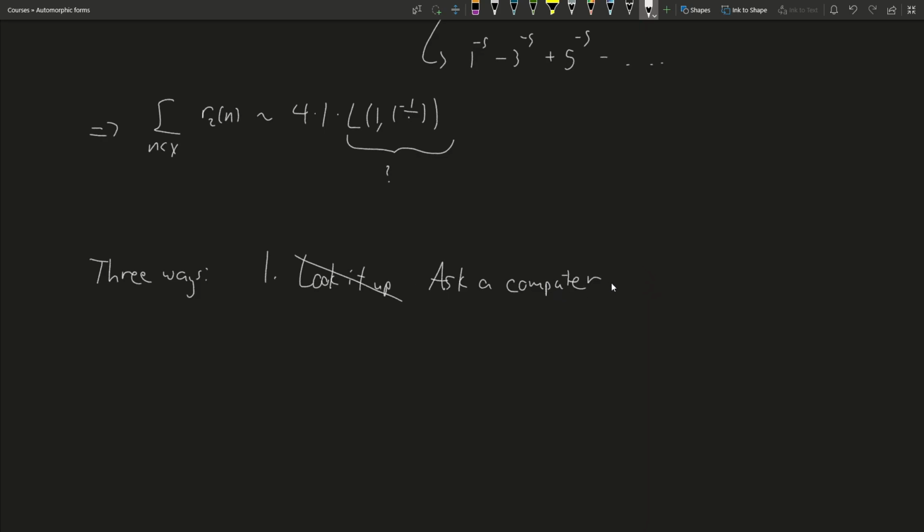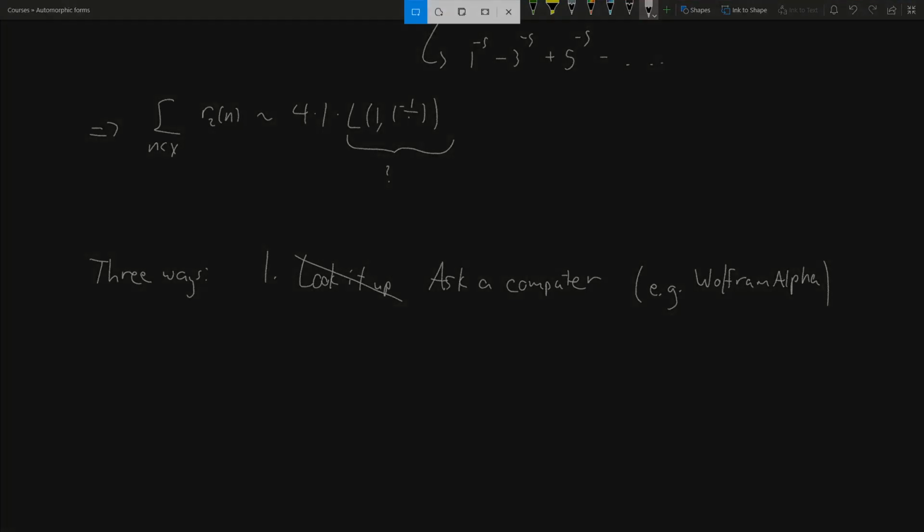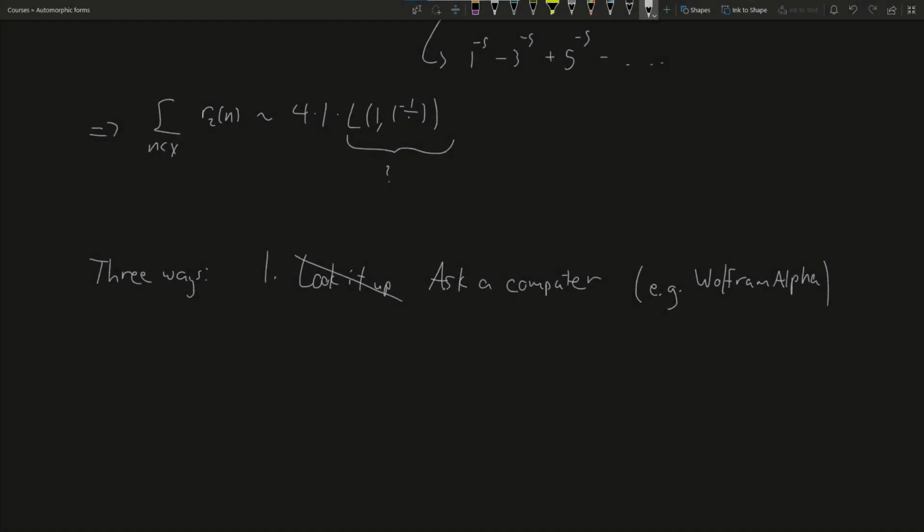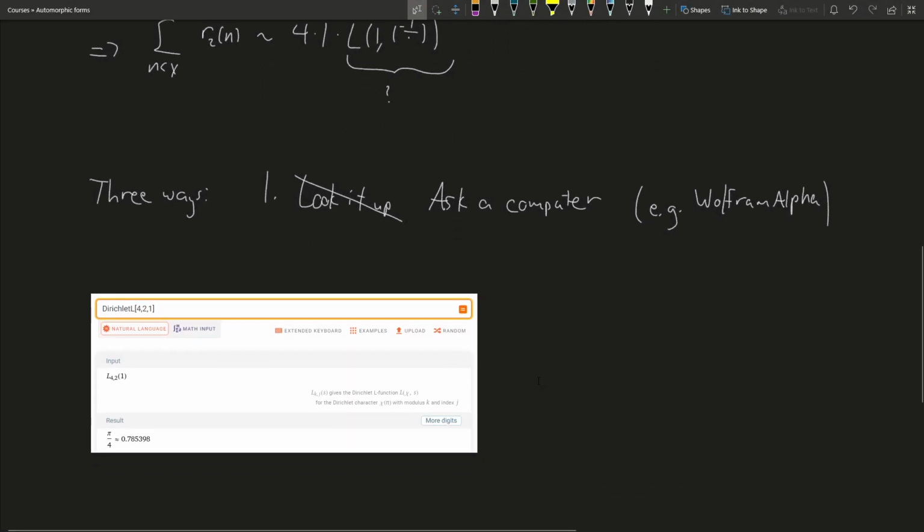So you can do this in your own browser using, for example, Wolfram Alpha. And let me just show you what that looks like. So you can go to Wolfram Alpha and you can ask, and it looks like this.